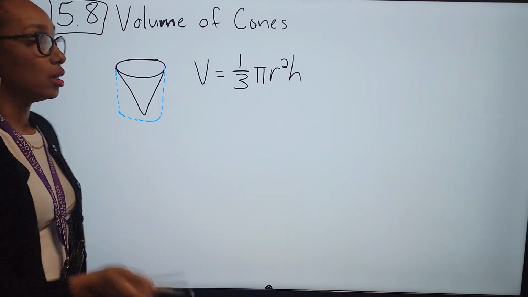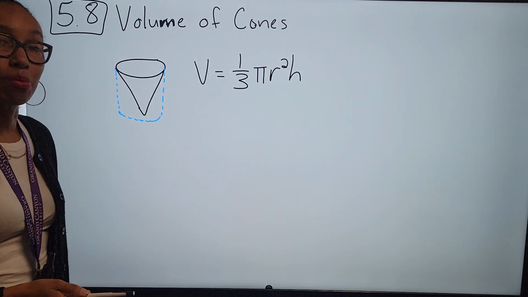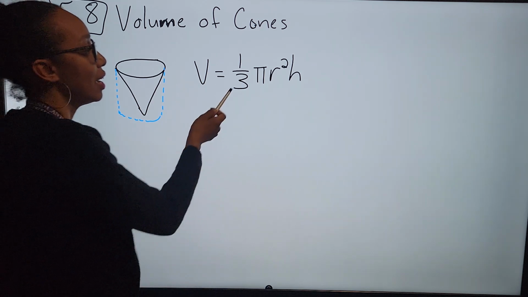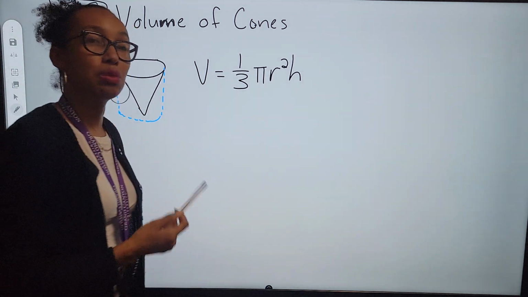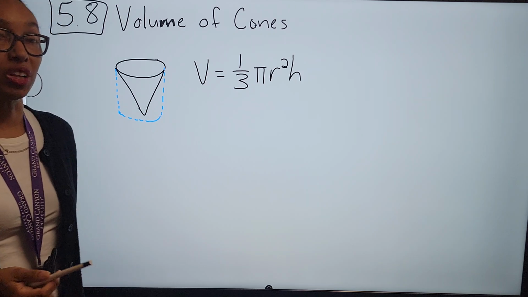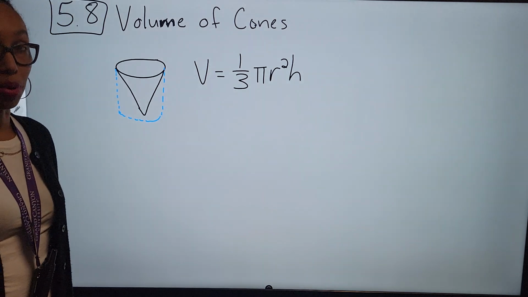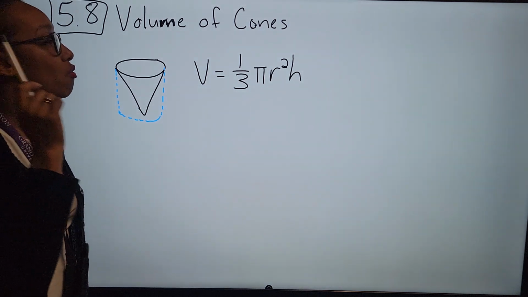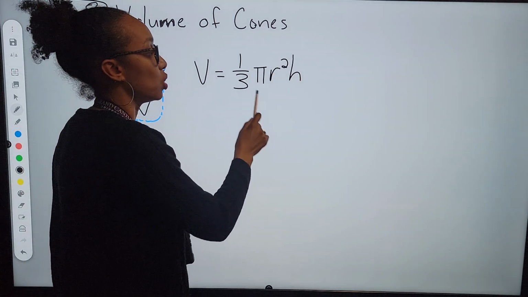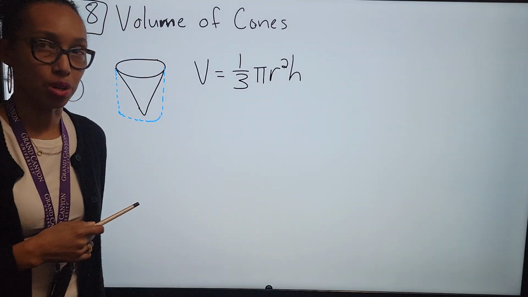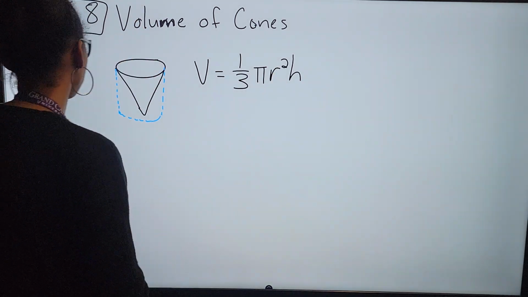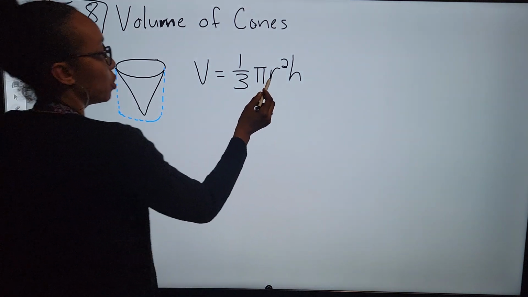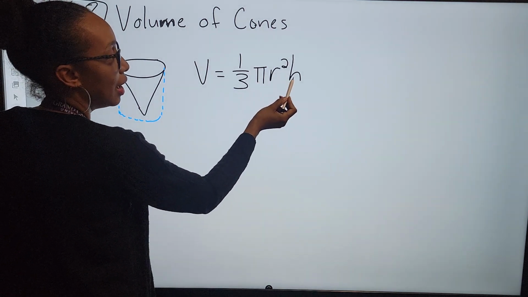The cone looks like a cylinder, but it takes up less space. As a matter of fact, it's 1/3 of the space that the full cylinder would have taken up. So to remember the formula for the cone, it's the same as the cylinder, just 1/3 of the full size, okay? So the only numbers we need are the radius and the height.